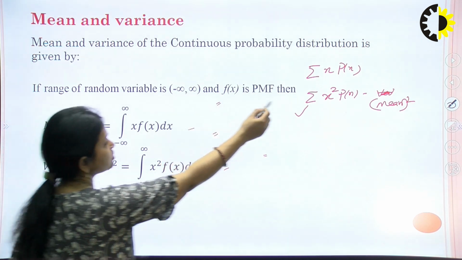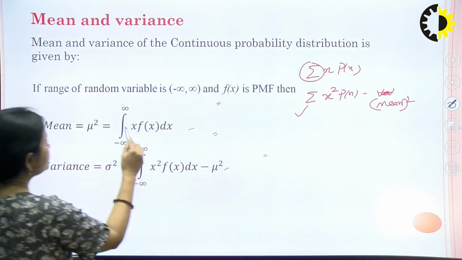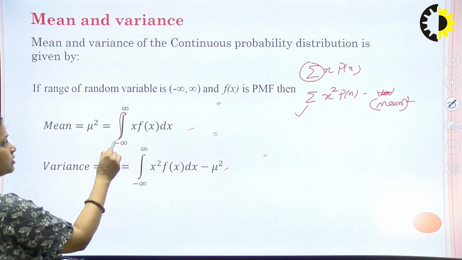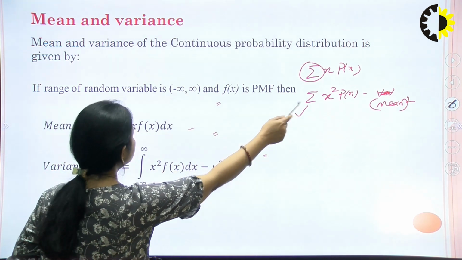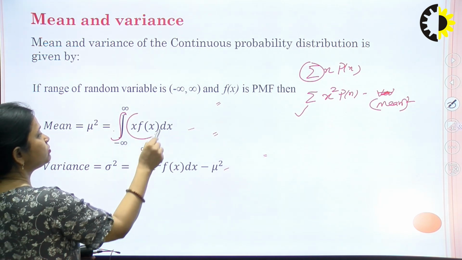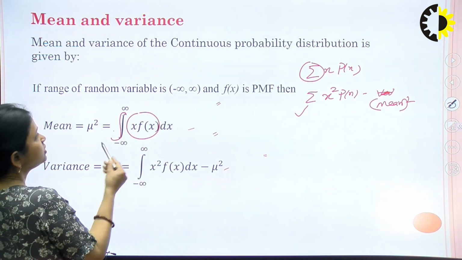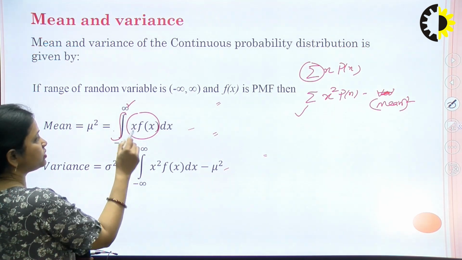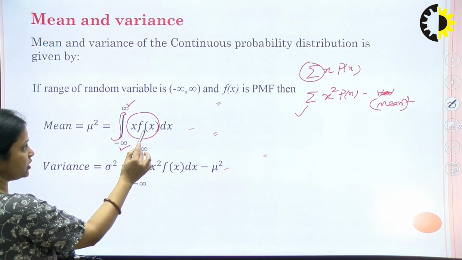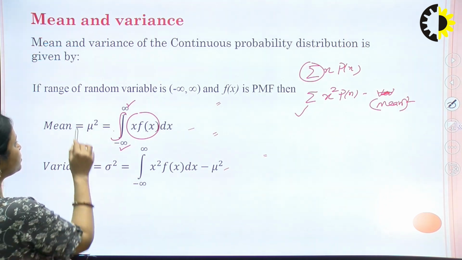But in case of a continuous variable, instead of the sum we will use the integration symbol, meaning we will integrate the value x fx over the prescribed range. If x is taking the range minus infinity to infinity, then just integrate x into fx from minus infinity to infinity.